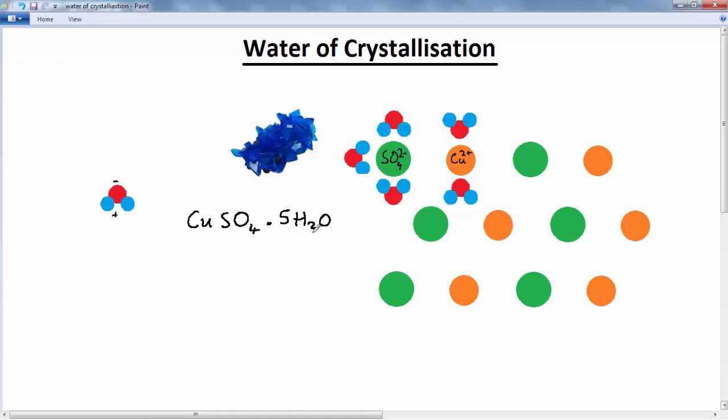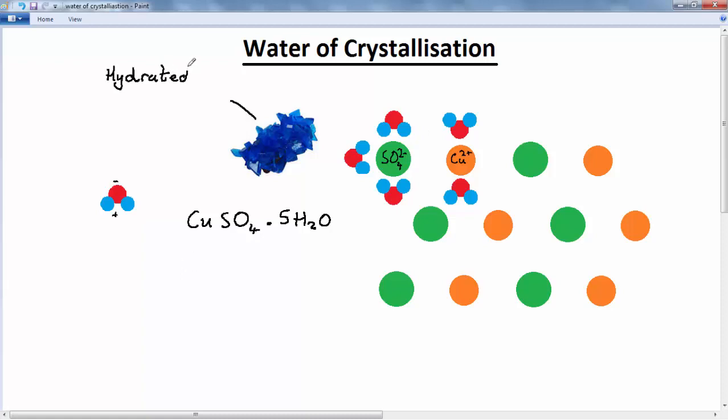Now this water of crystallization doesn't actually affect the chemical properties of the salt. Those remain the same, but it's responsible in the case of copper sulfate for giving it this kind of dark blue colour. Now, I'd also like to say that copper sulfate, when it contains the water of crystallization like this, is called hydrated copper sulfate.